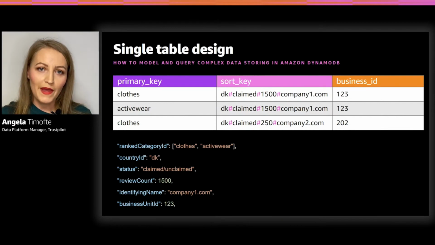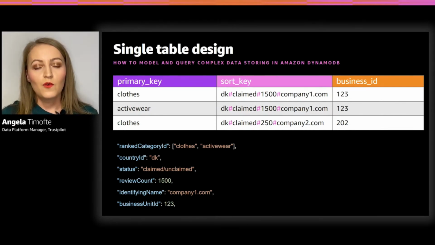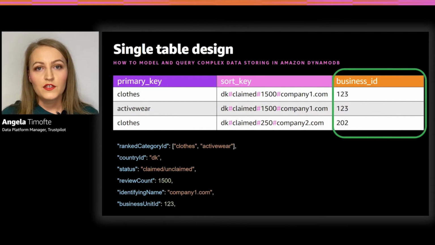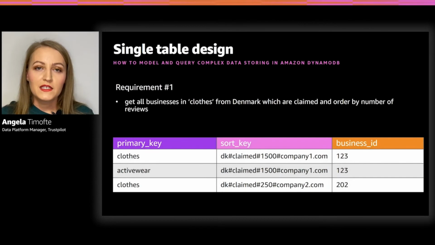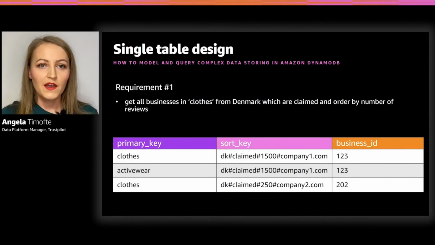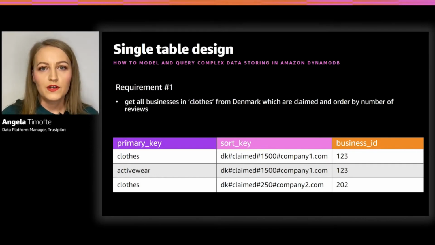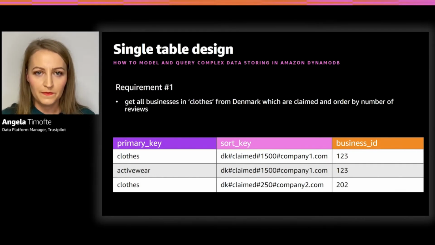But now let's go back to those queries that we wanted to make. The first one was to get a list of businesses for a specific category, let's say clothes, in Denmark with the status claimed, ordered descending by the number of reviews.